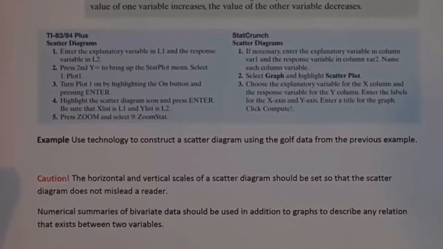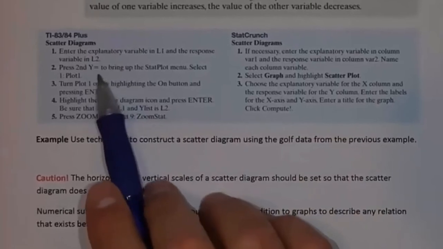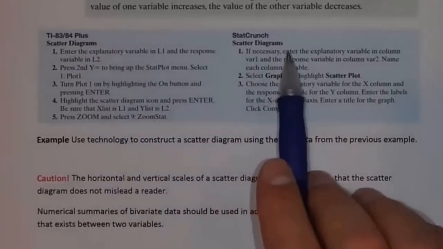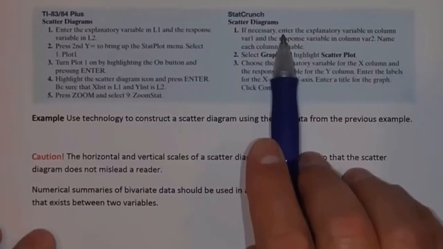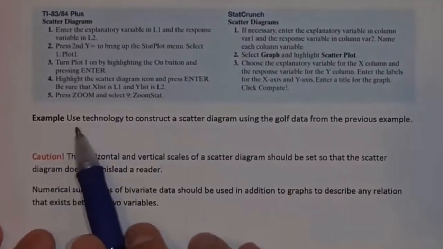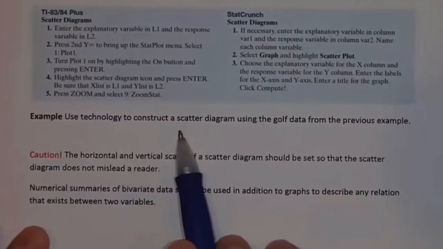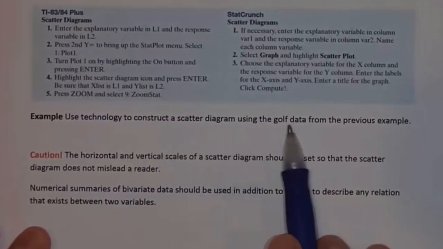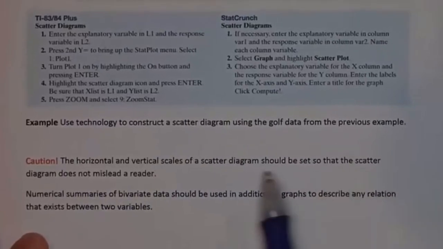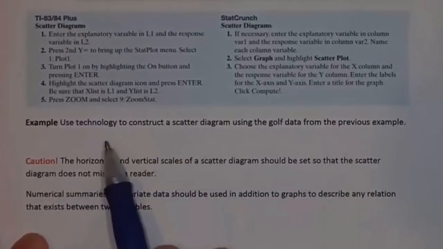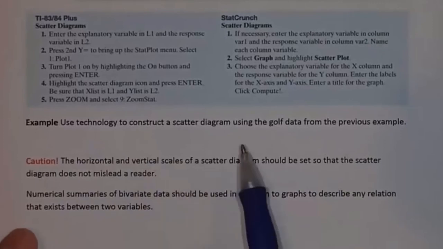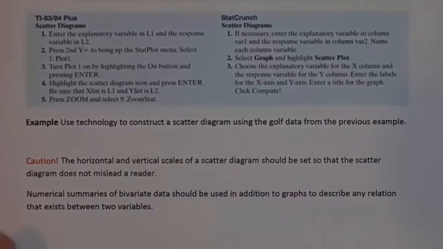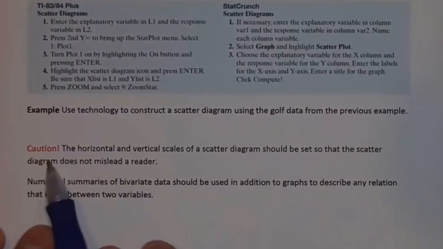Just to talk about what we've done, I've shown you how to use both the calculator and StatCrunch to create a scatter plot. I asked in the example to use technology to construct the scatter diagram using the golf data from the previous example, and so we've done that. Now, caution.